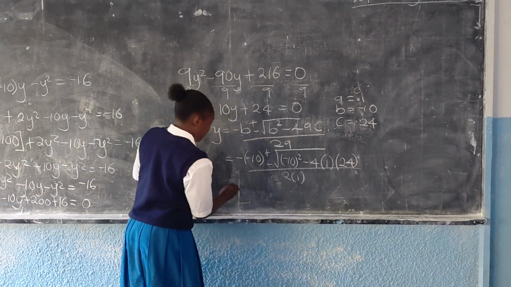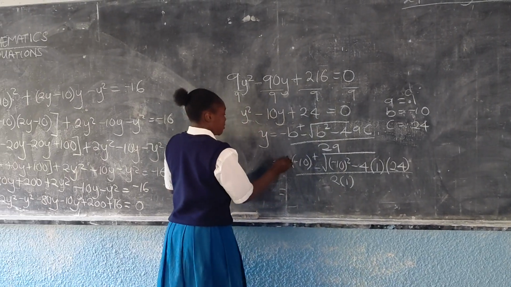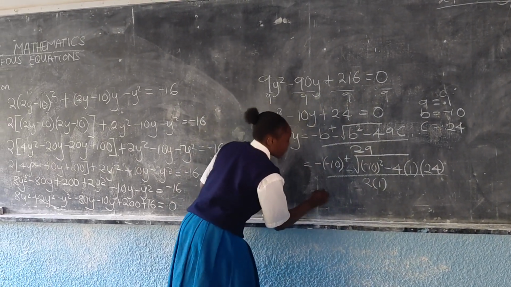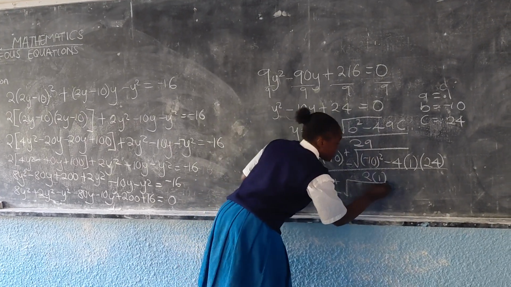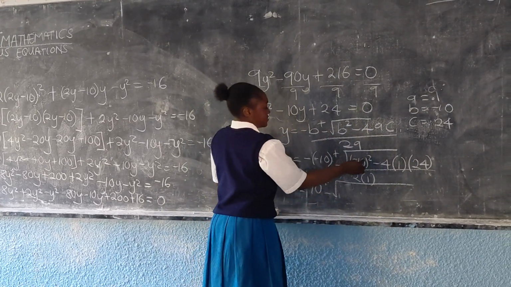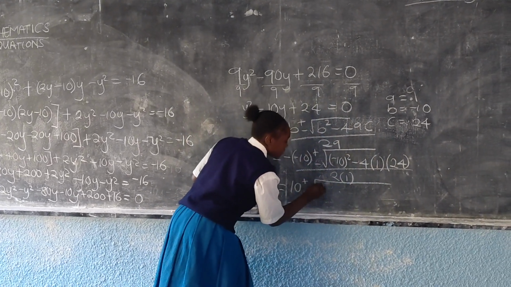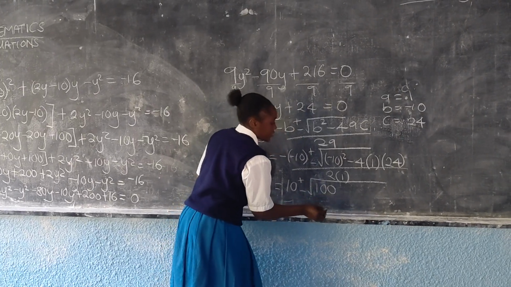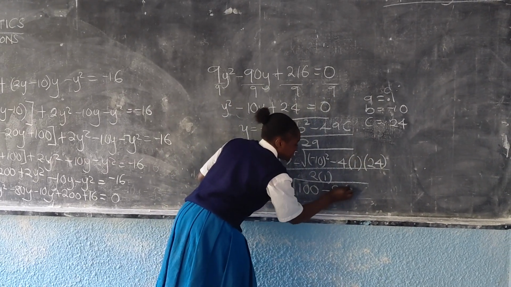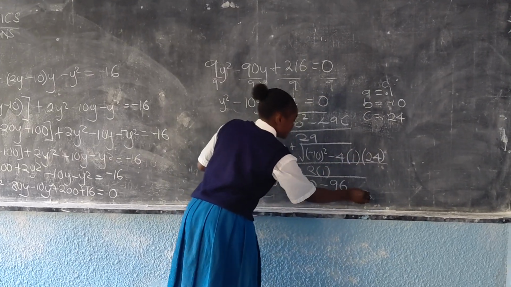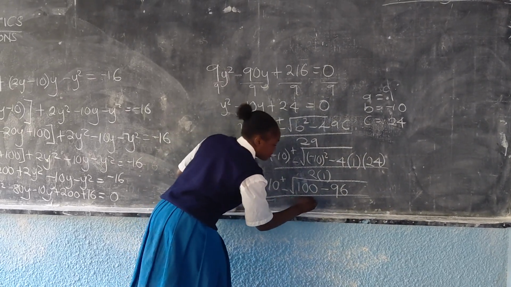So at this point, we are going to do negative times negative, which is going to give us positive 10, positive or negative, square root of negative 10 squared, which will give us 100, minus 4 times 24, which is going to give us 96, divided by 2.